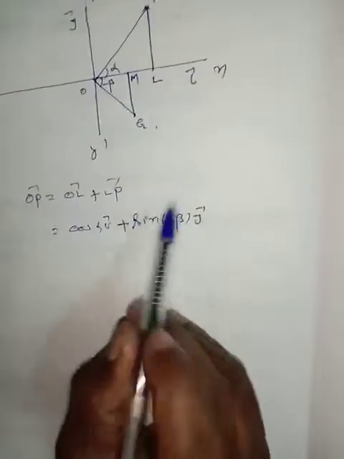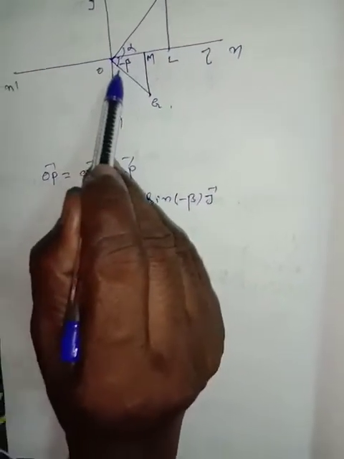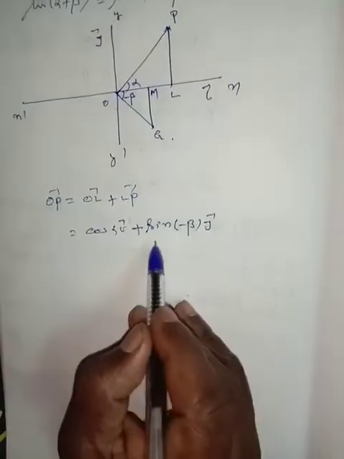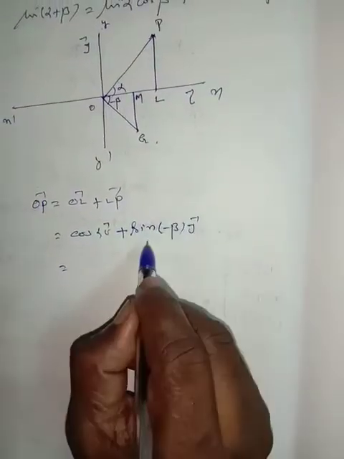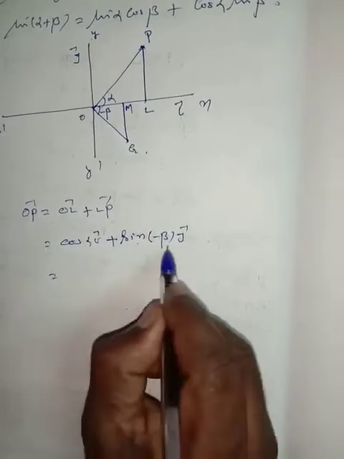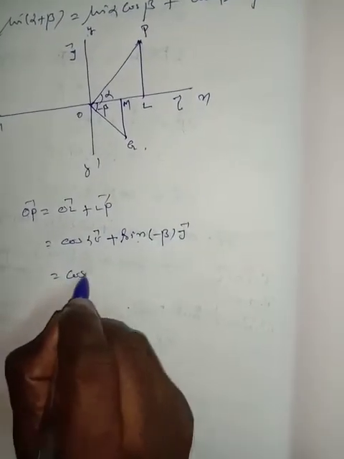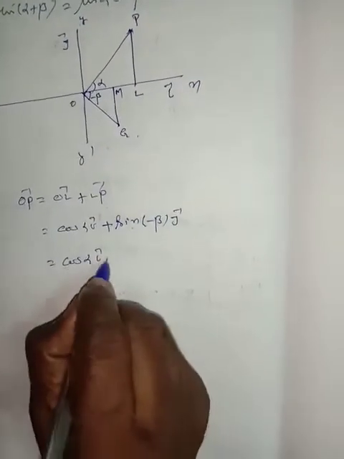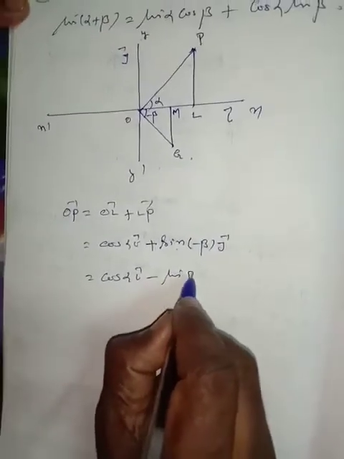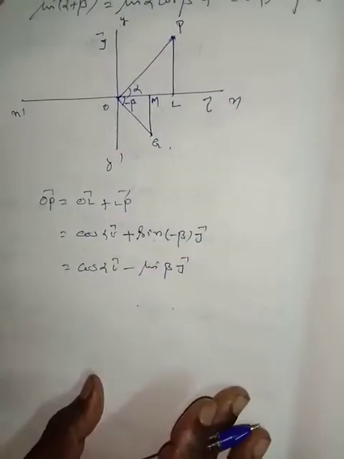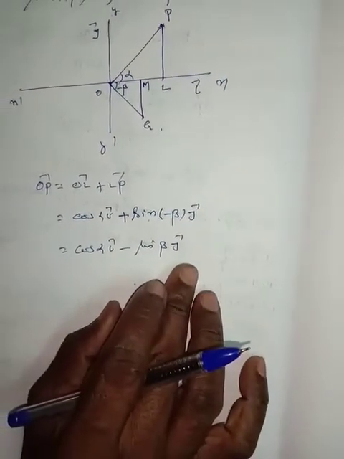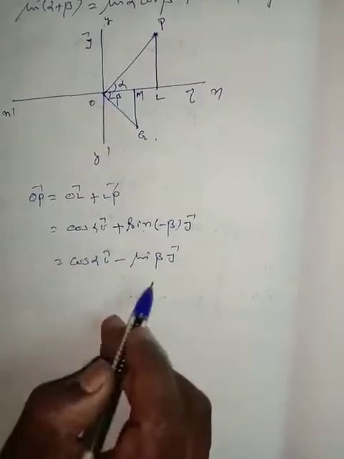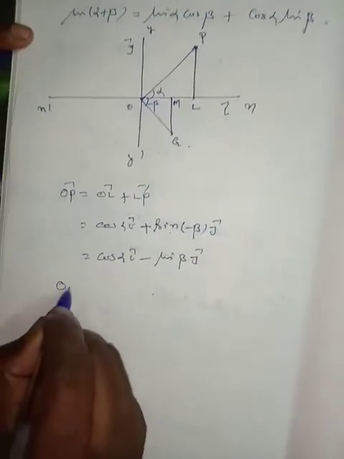Let us consider the angle is negative in the fourth quadrant. We know that sin of minus theta is minus sin theta, therefore cos alpha i vector minus sin alpha j vector. This is the OP vector. Next, the OQ vector.